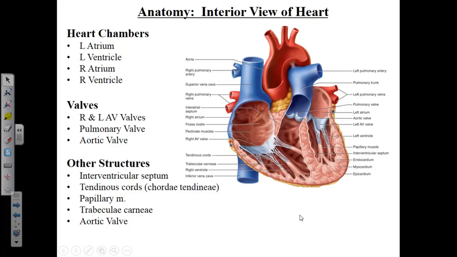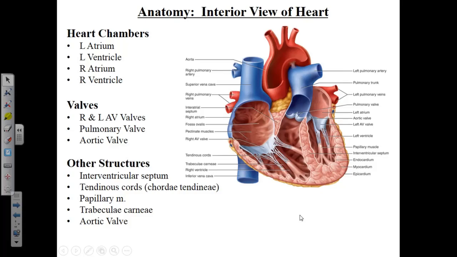Now, the heart pumps blood in a single direction. In order for that to happen, we have to have valves that prevent blood from going back in the wrong direction.